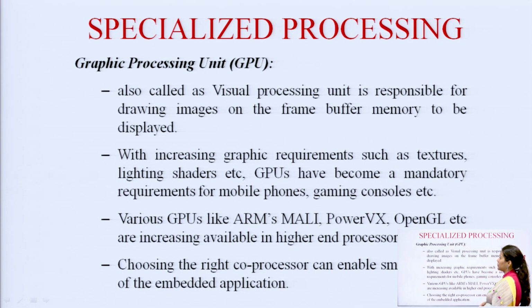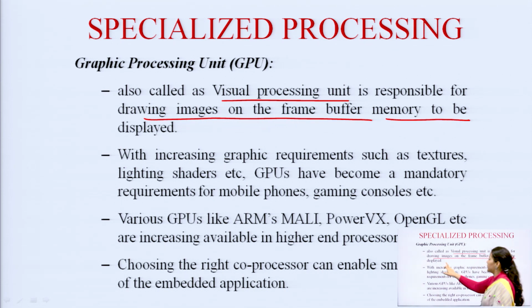Next is the graphic processing unit, that is GPU, which is also called the visual processing unit, and it is responsible for drawing the images on the frame buffer memory to be displayed.